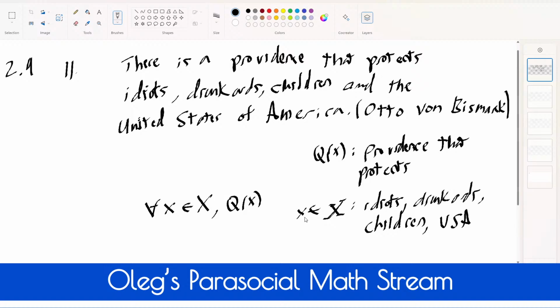For all X. Do I need to define the set, or do I need to define the X?